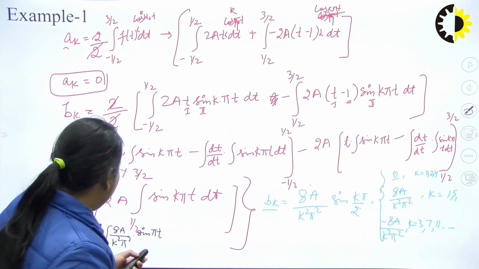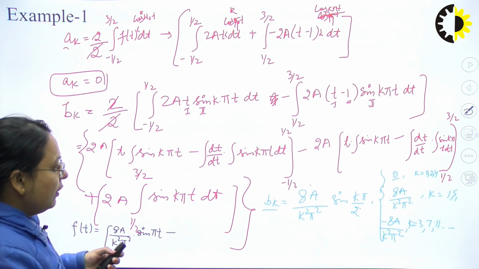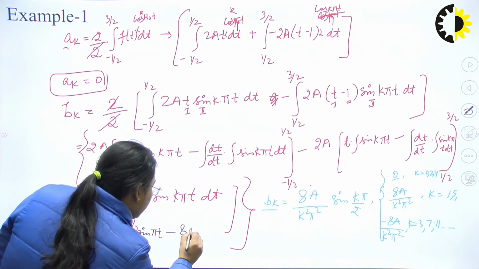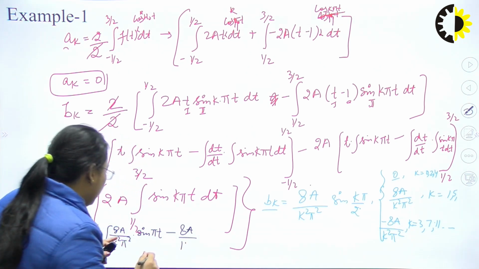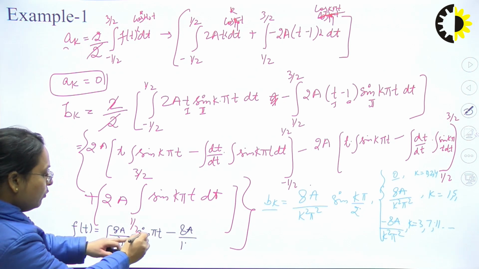So here this will be sine pi t. Then, when I am putting the value of k equals 3, it is minus 8a upon 9 pi square into sine 3 pi t. Oh sorry, for k equals 1, it is 8a upon pi square into sine pi t.